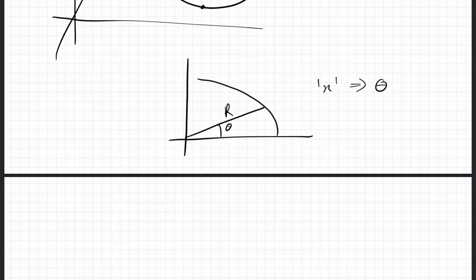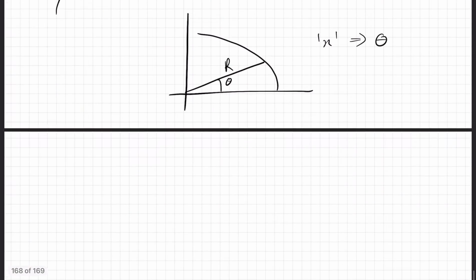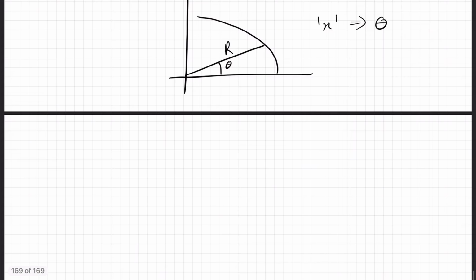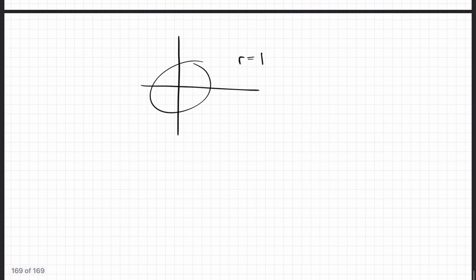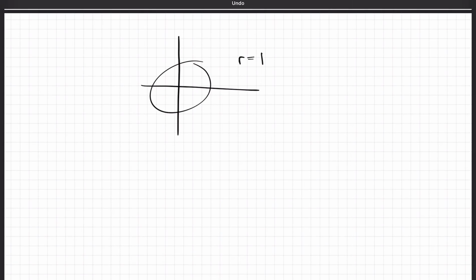So what are stationary points in polar coordinates? Well, I'm going to show you a really bad example. If we have a circle in polar coordinates, this is just the equation r equals 1, because the radius is 1 for any angle theta.